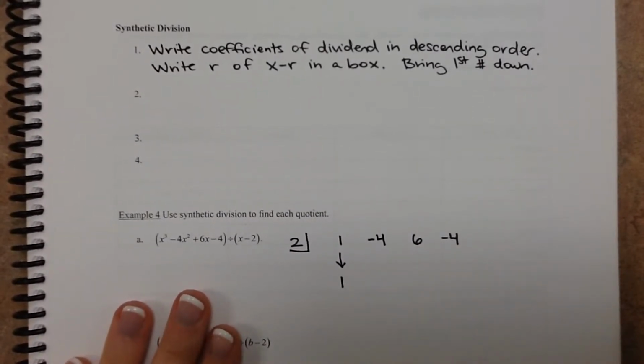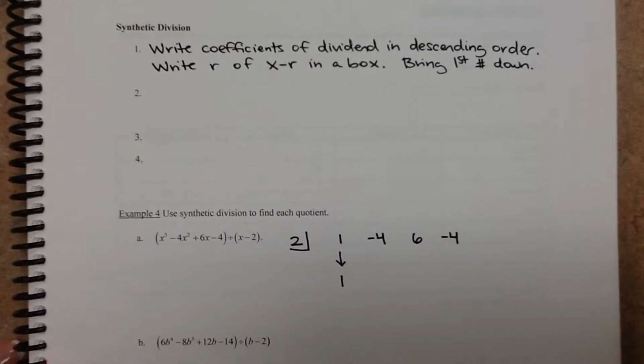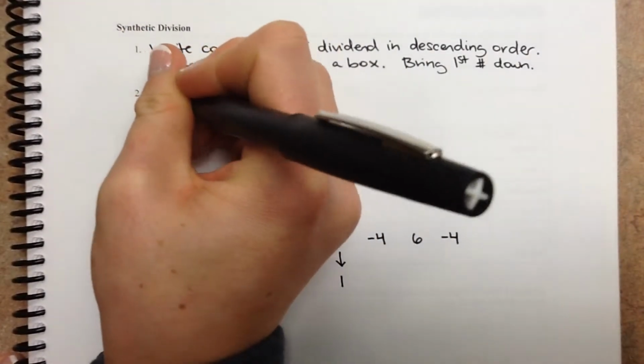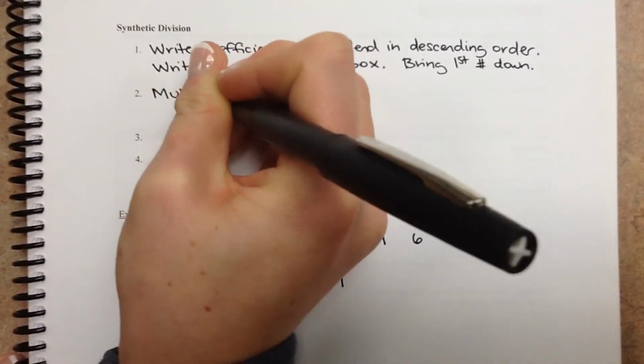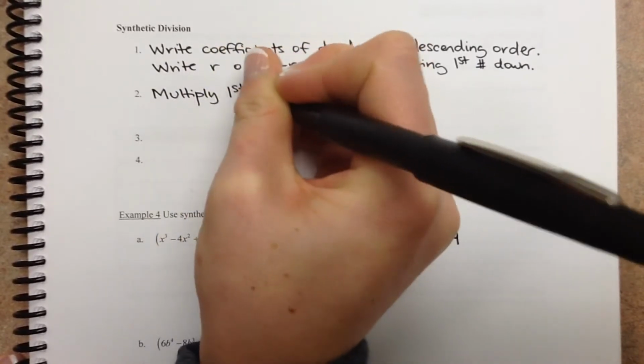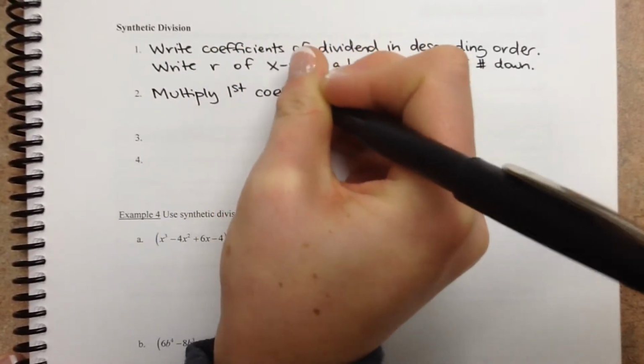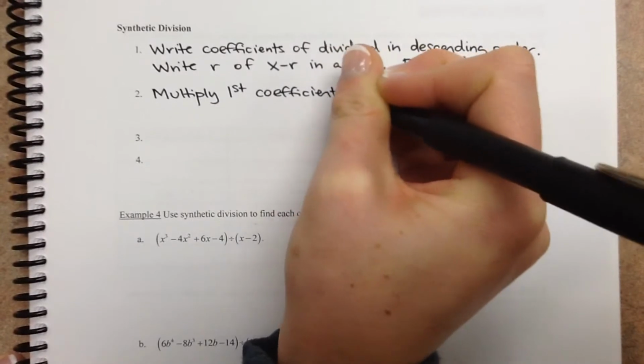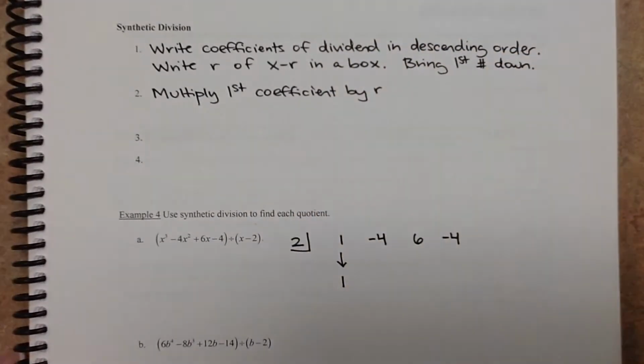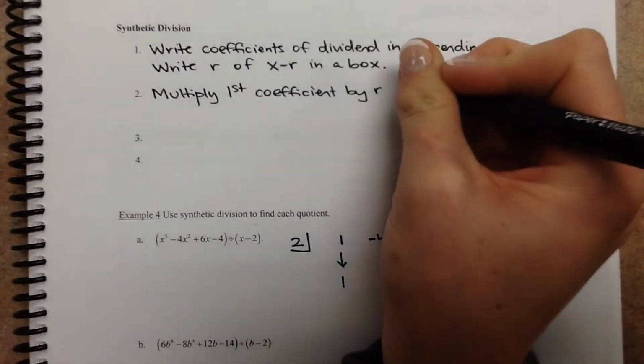Okay, so step 2, multiply the first coefficient by r and write the product under the second coefficient.